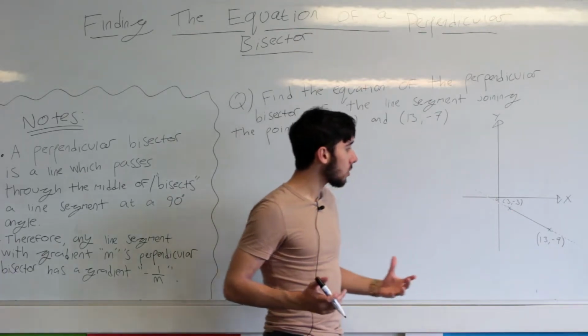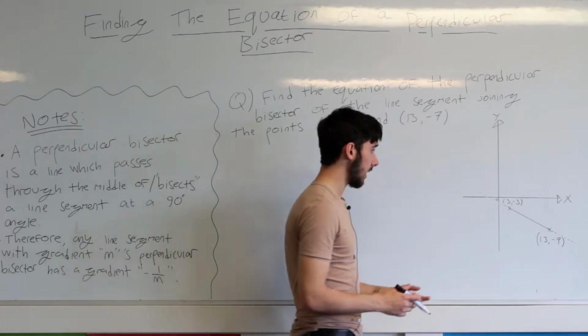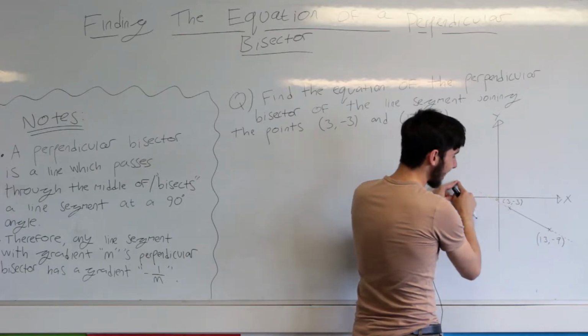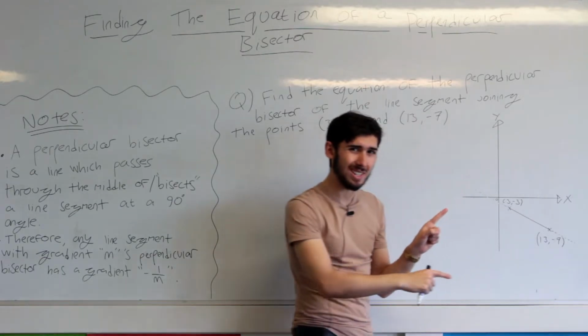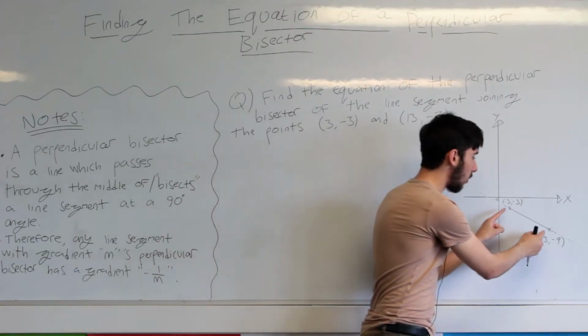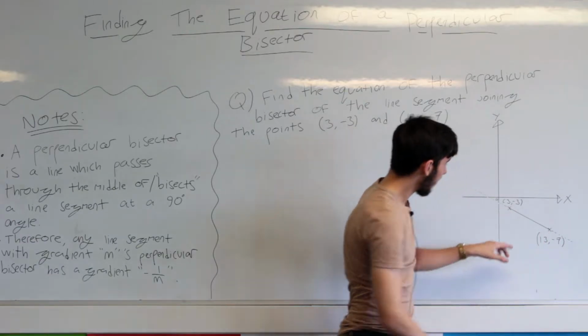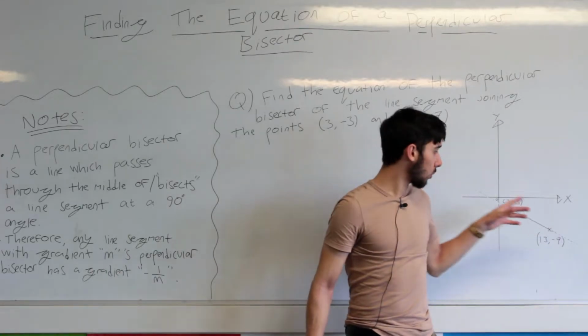This makes up a line with an equation. It's just been cut off here and here. It still has some sort of gradient, but the part we're talking about is just (3, -3) to (13, -7).